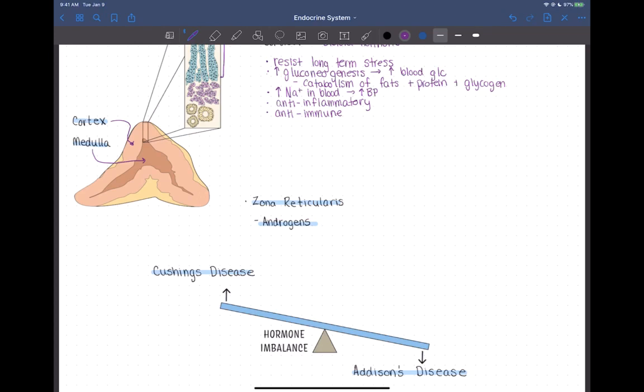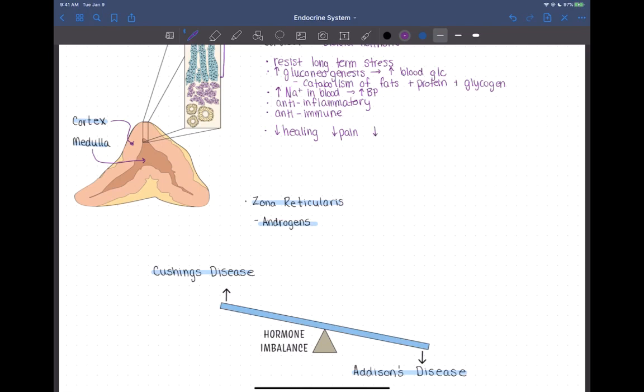So that's another important use of cortisol. It also suppresses healing, and it suppresses pain. If you're in a long-term stressful situation or experiencing chronic pain, a lot of times cortisol can be released to help reduce that pain.